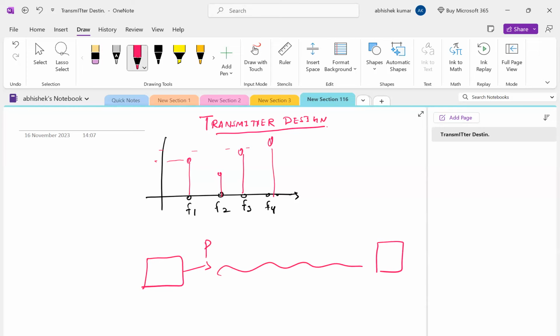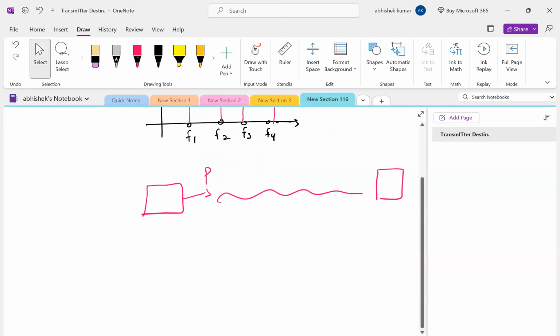So what is the transmitter requirement? The first requirement is power. It must produce the required output power that is needed for broadcasting. It can be 1 kilowatt for broadcasting purposes, and 1 milliwatt for a short range device.